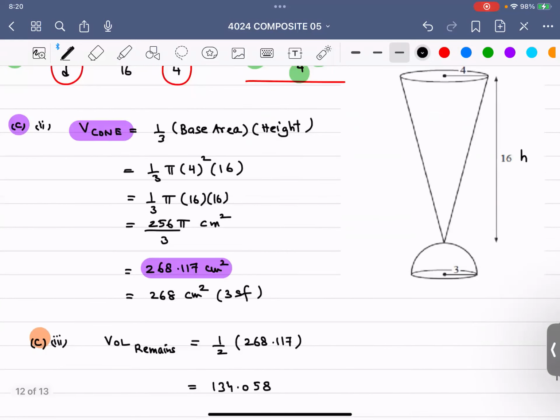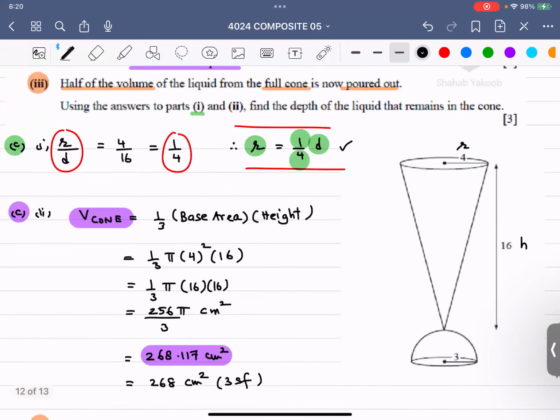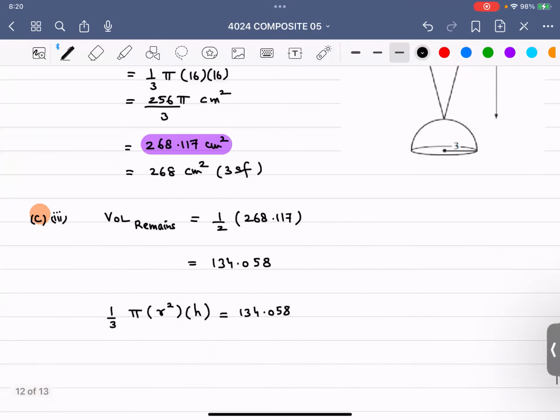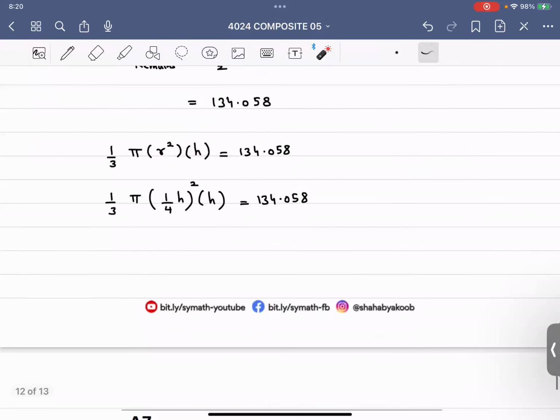Radius is 1/4 of height. And we are looking for the depth. So 1/3 remains as it is, pi remains as it is. And instead of radius, can I write 1/4 of height or depth, the whole thing square, into h, that is 134.058. So this is the tricky part. I can work in only one dimension. So h remains h, and radius is 1/4 of h, 1/4 of d, whatever symbol that you want to use.